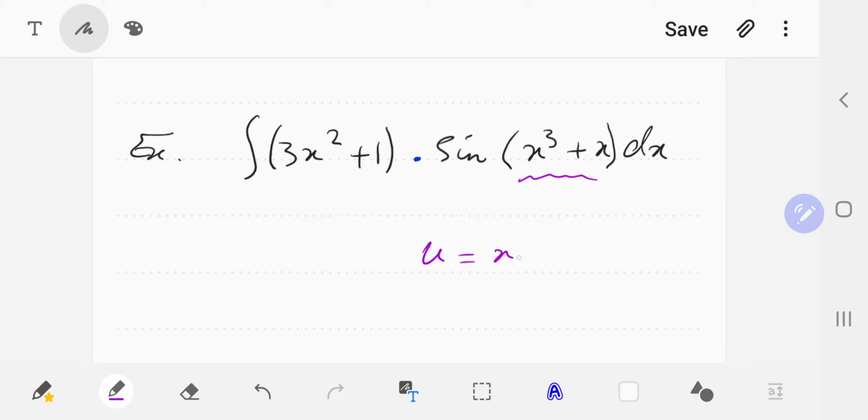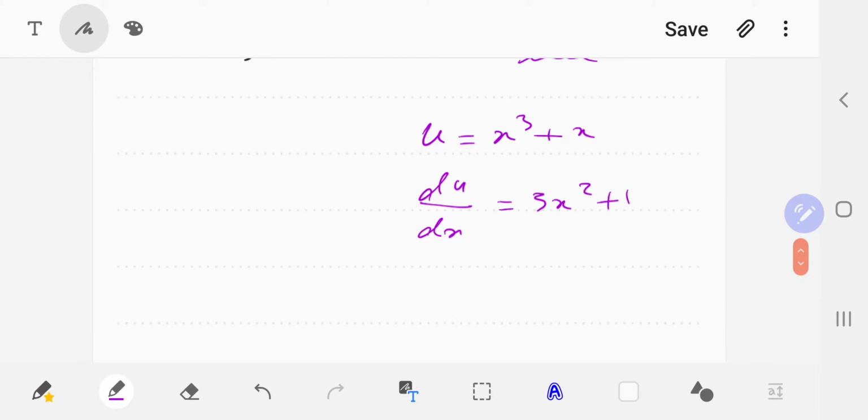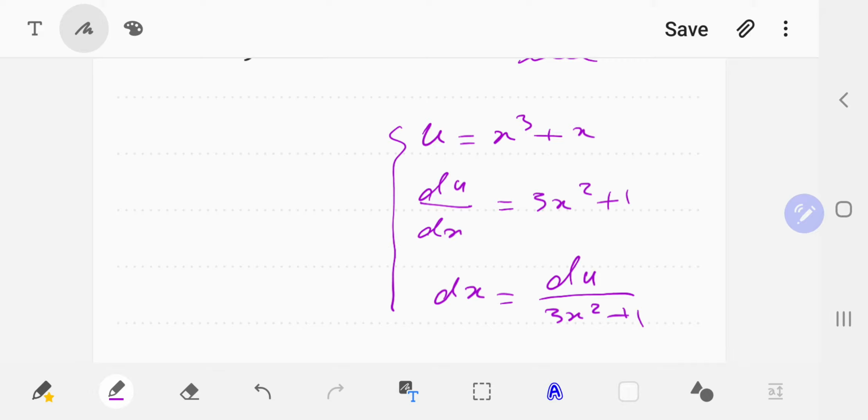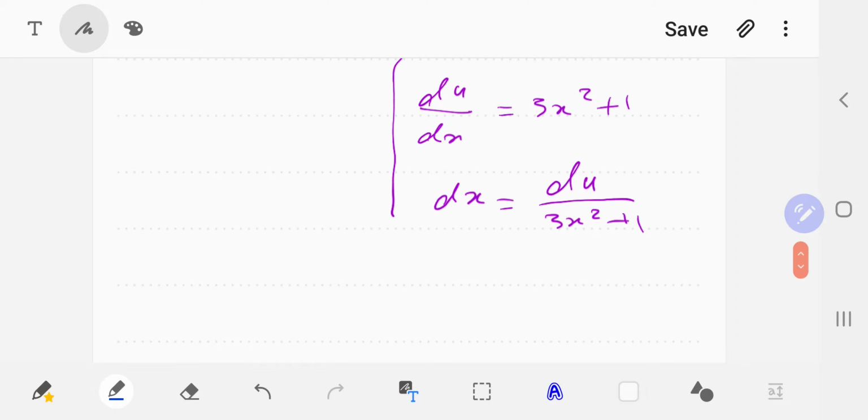So u equals x cubed plus x. Derive it. Du over dx will be equal to 3x squared plus 1. Cross multiply to get dx, so dx will be equal to du over 3x squared plus 1.